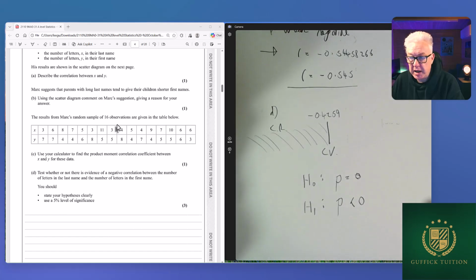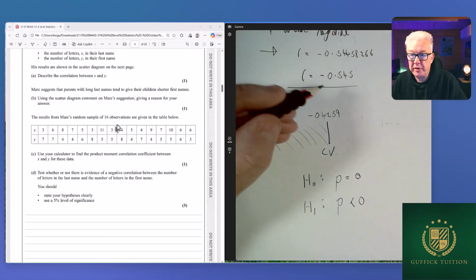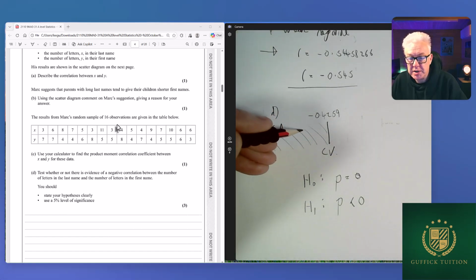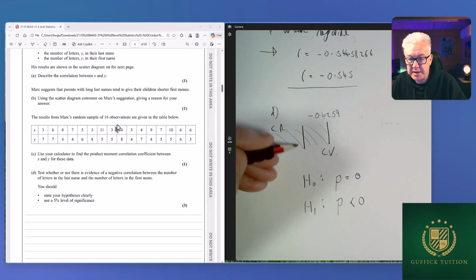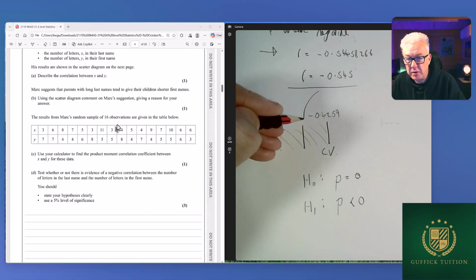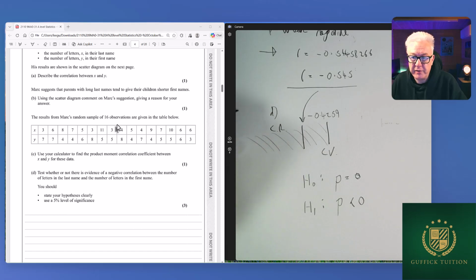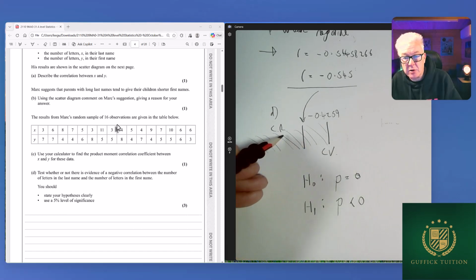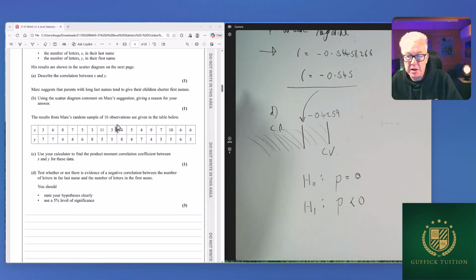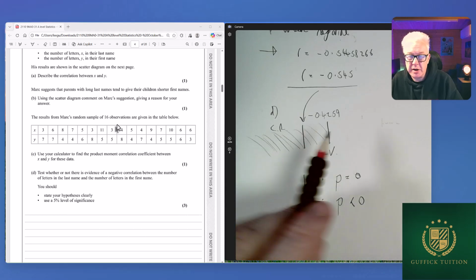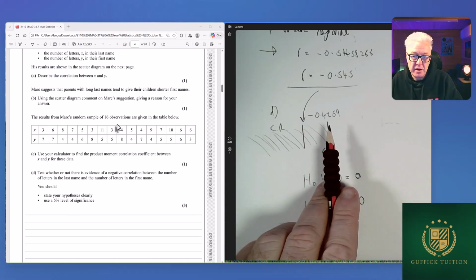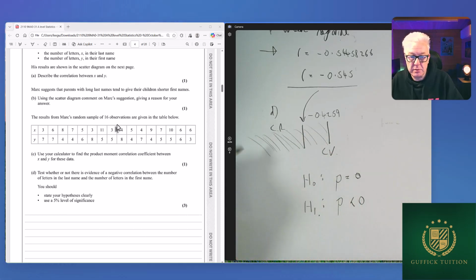Now we calculated a value of minus 0.545, which you can see is over here. It's more negative than the minus 0.4259. So our value of minus 0.545 is in the critical region, okay? Because when you've got a negative correlation, it's everywhere that's less than the critical value, okay?